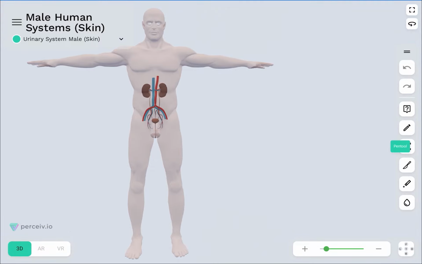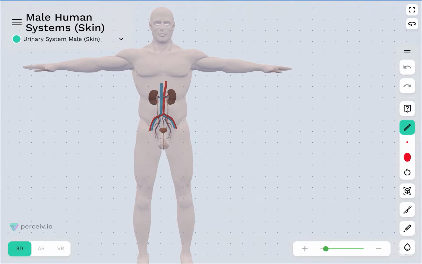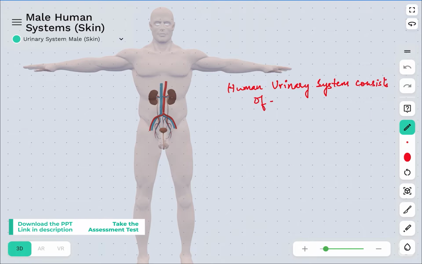If we write down the components of the human urinary system, it basically consists of four different components. The human urinary system consists of a pair of kidneys.